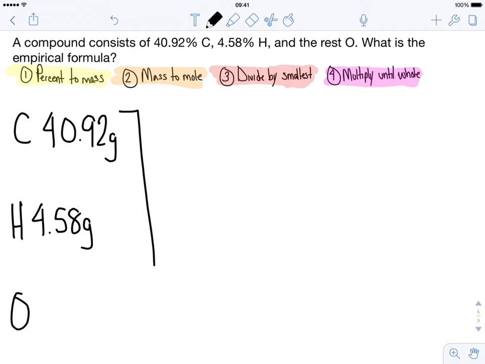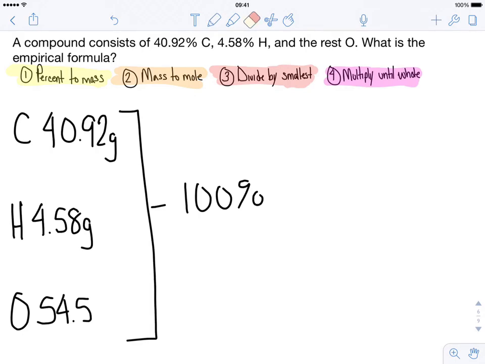So these 3 elements together need to equal 100%. And we're given 2 percentages, so from those 2, we can subtract them from 100 and get the percent of oxygen. So if we take 100 and we minus 40.92 and then minus 4.58, we get 54.5.